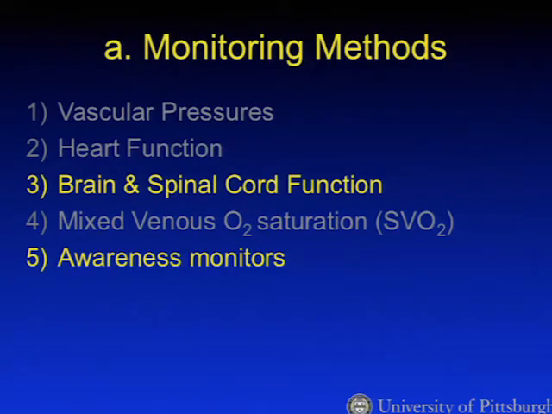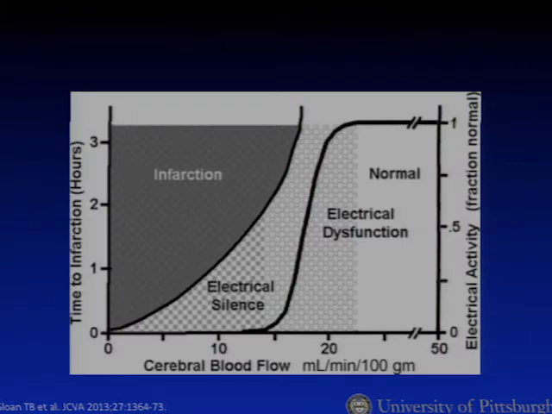Okay, switching gears, we're going to discuss some elements related to monitoring the central nervous system. Much of neurophysiologic monitoring is based on this principle that decreases in cerebral blood flow are associated with predictable changes in electrical signals measured at various locations.